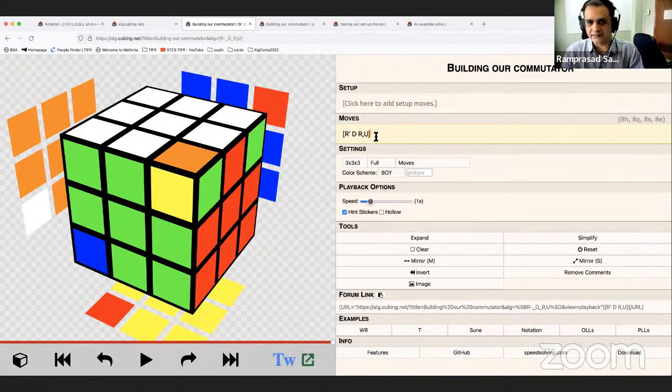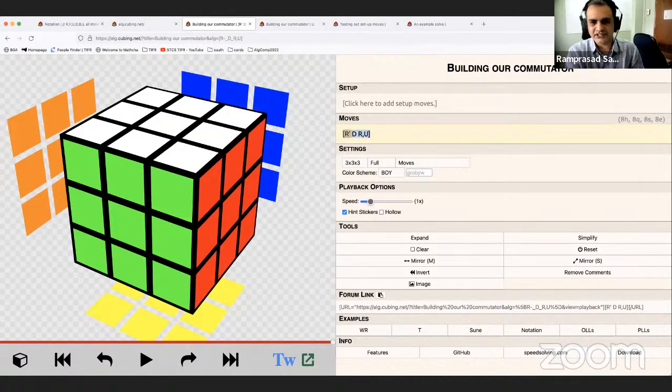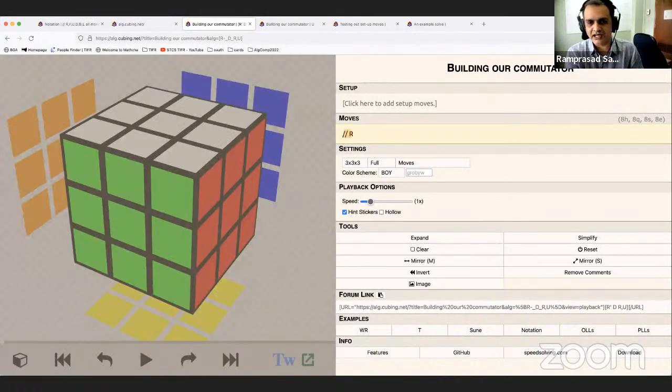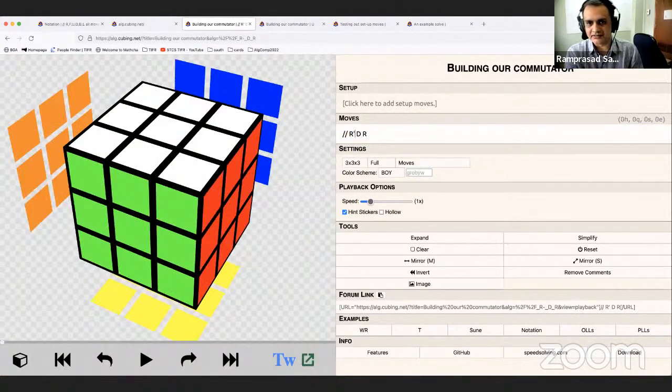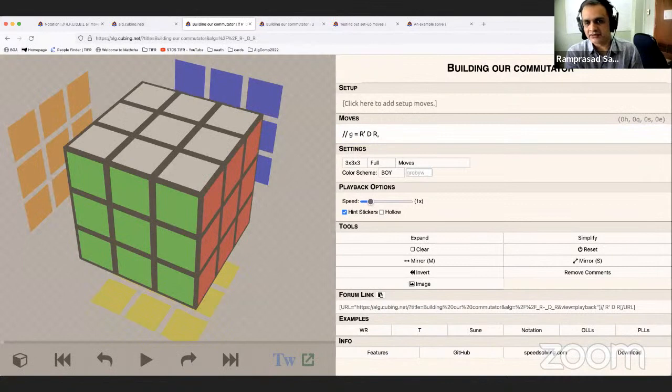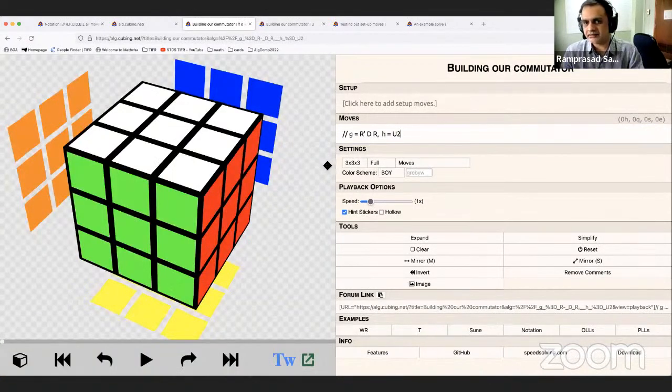So here is a pop quiz. Suppose we do R prime D R, and let's say H was equal to U2. What are the three pieces that will end up moving?